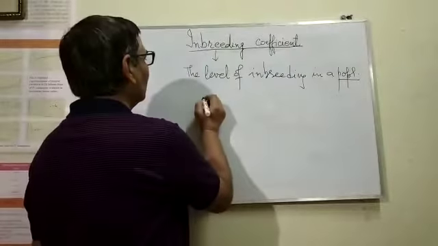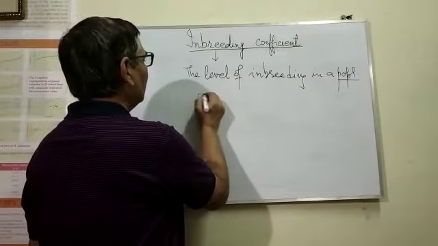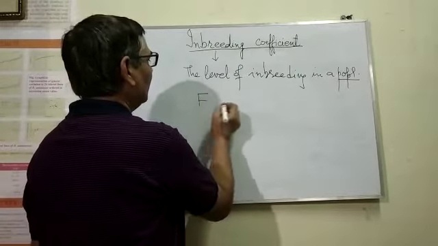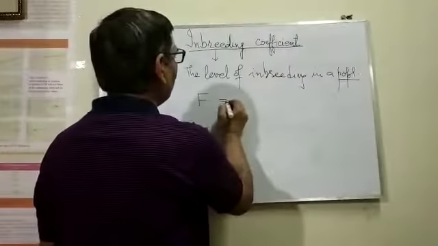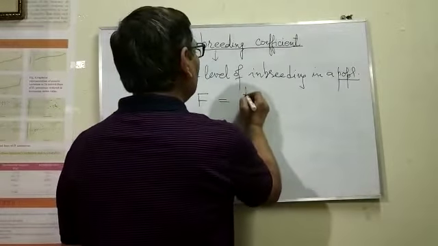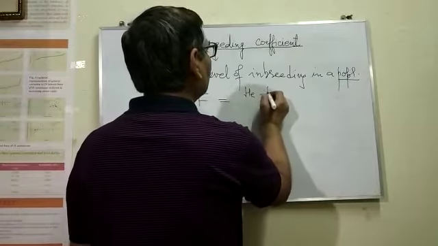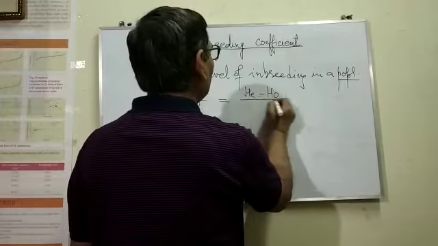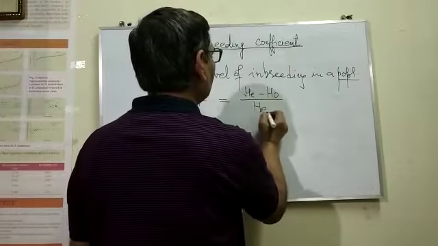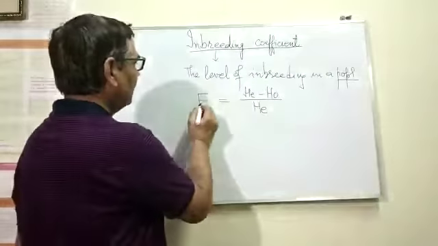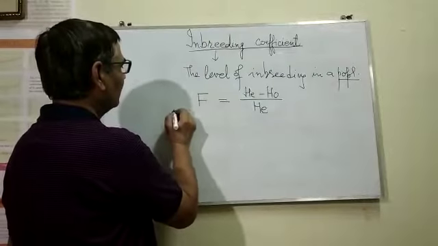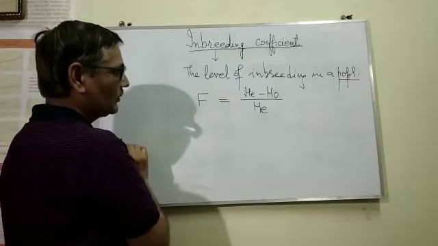It is shown by the letter F, and this F is equal to HE minus HO divided by HE. Once again, let me repeat. F is the inbreeding coefficient.